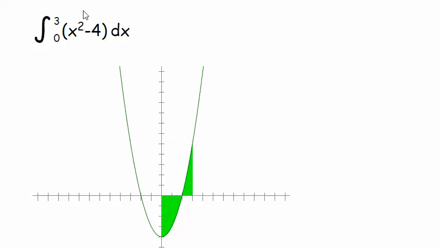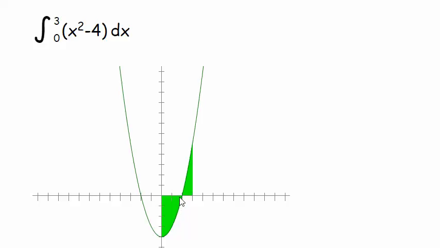Okay, so let's do this. Let's write this down. Now you notice we got some shaded region that's underneath the x-axis. And if you worked some of the earlier problems in this section, you know what that means, right? That means that we're going to get a negative number here, and we just multiply by -1 or take the absolute value, right?